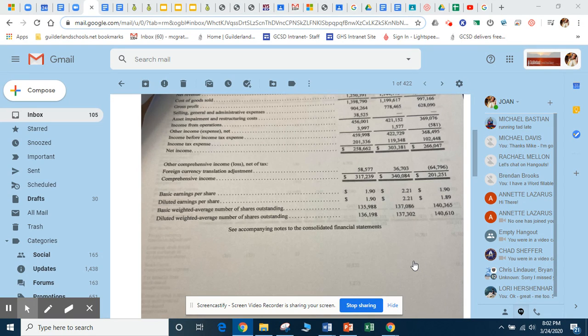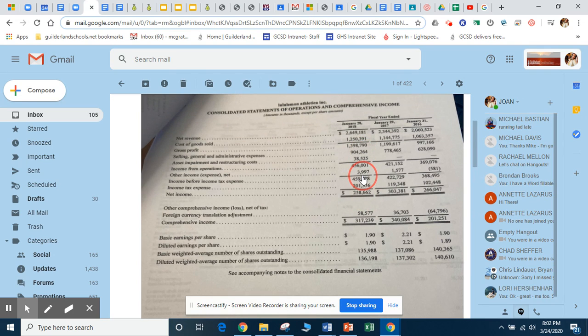So earnings per share is really simply the net income right here, 258,662,000, divided by the outstanding shares of stock.